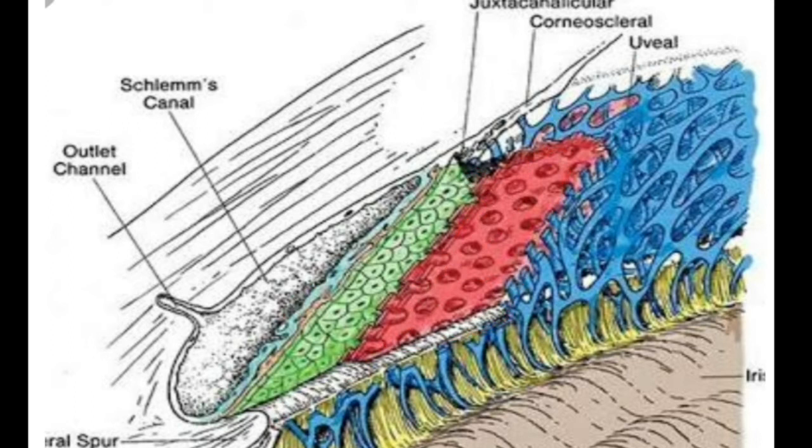And as you can see, the pore size is decreased compared to the uveal meshwork and it measures about 5 to 50 microns, okay. And the holes become smaller as it goes near the canal. So here the inner holes are a little smaller compared to the outer holes. These openings are nothing but sieve-like things which help in the drainage of the aqueous humor.